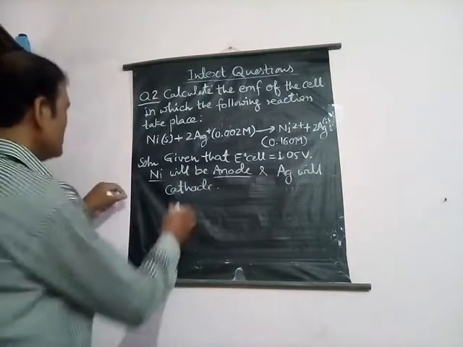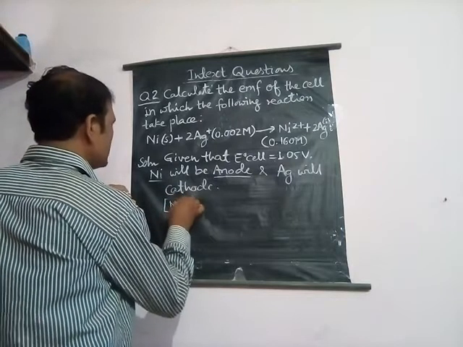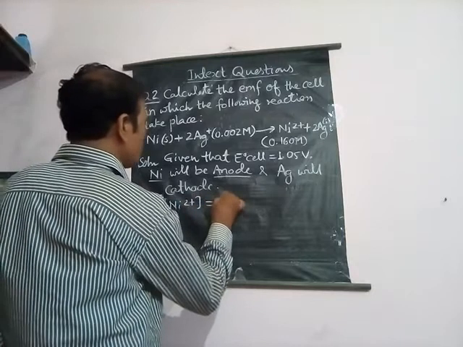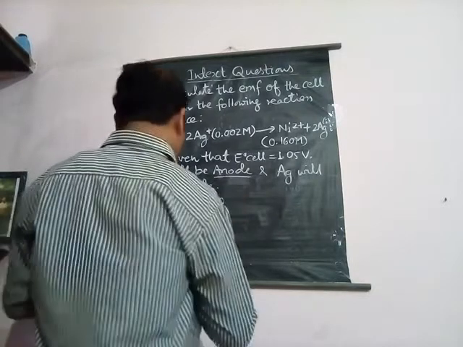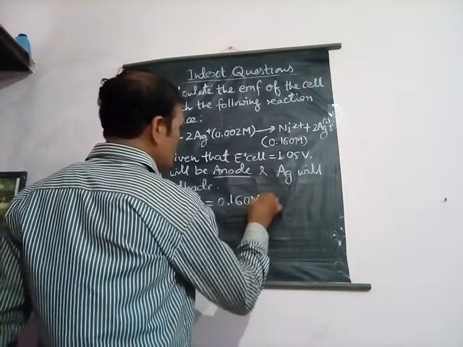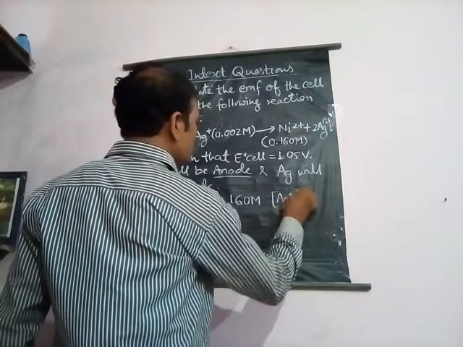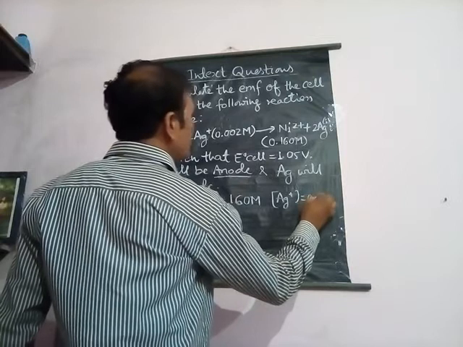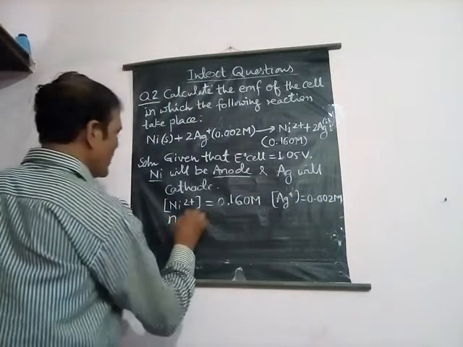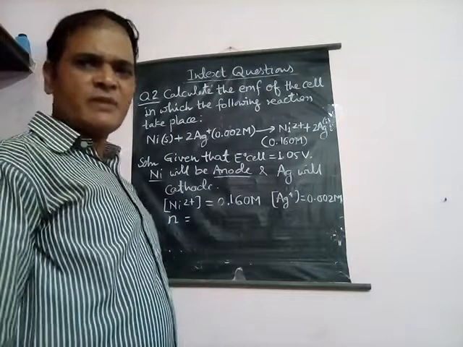The concentration of Ni2 positive ion given here is 0.160 molar, and the concentration of Ag positive ion is 0.002 molar. Now what will be the value of N? N is the number of electrons which are transferred in this reaction.